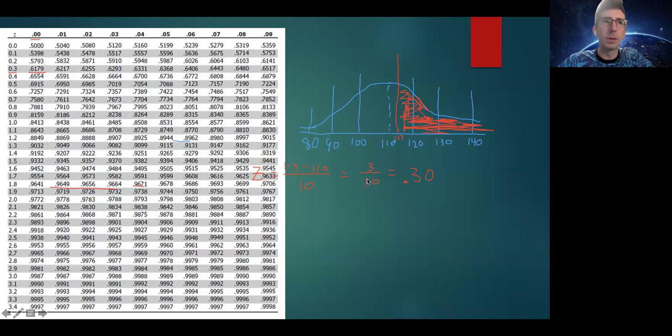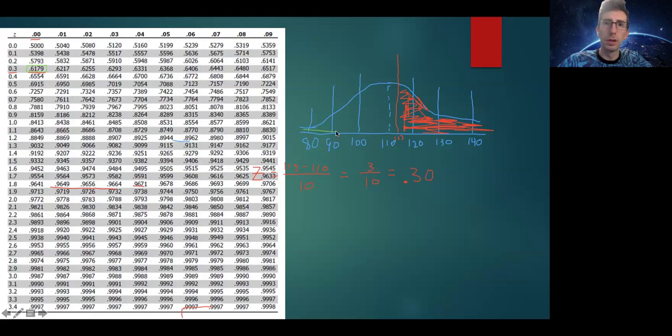But is that the area that we are looking for? Pause here, think about that for a second. This is not the area that we are looking for. This is the area to the left of 0.30.